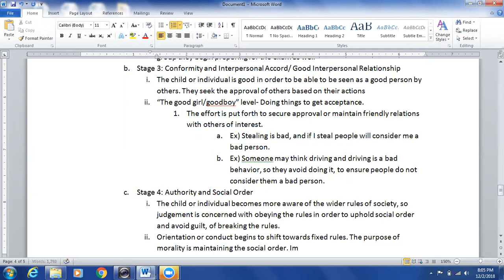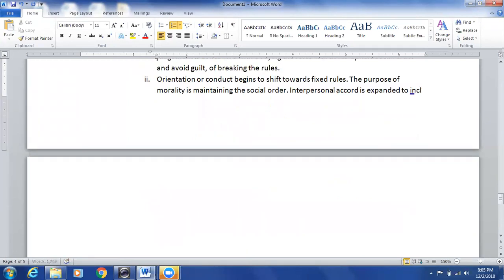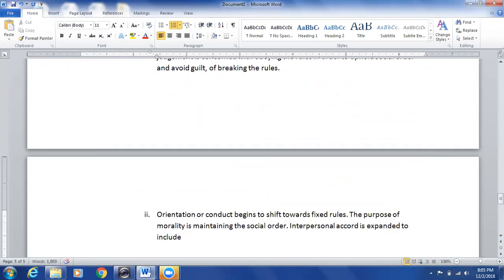So interpersonal accord is expanded to include the entire society.